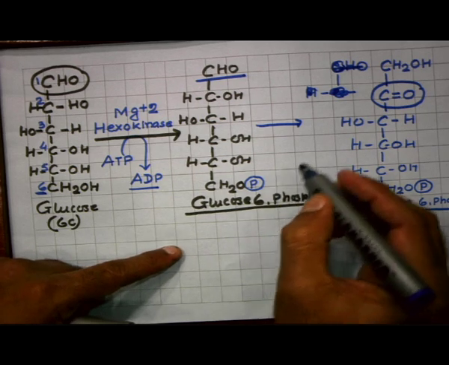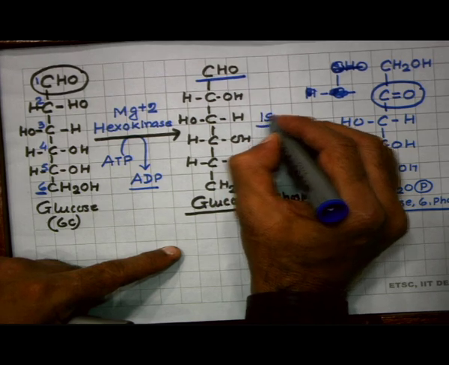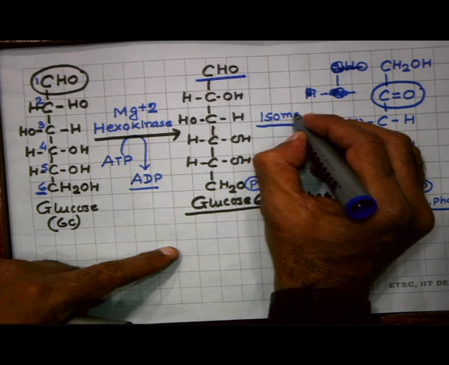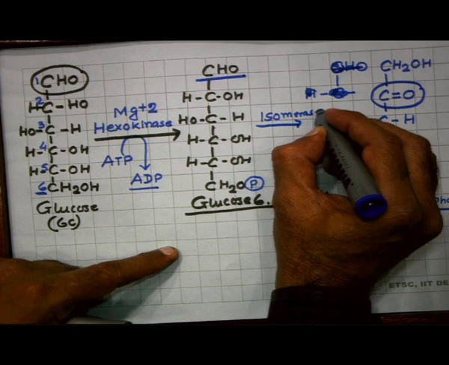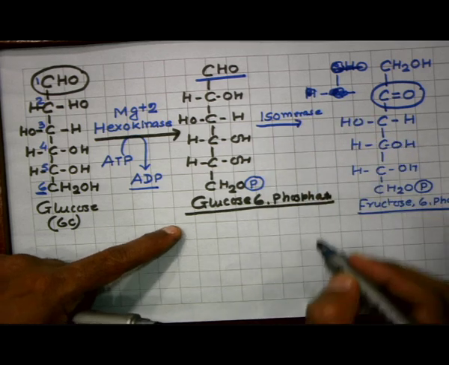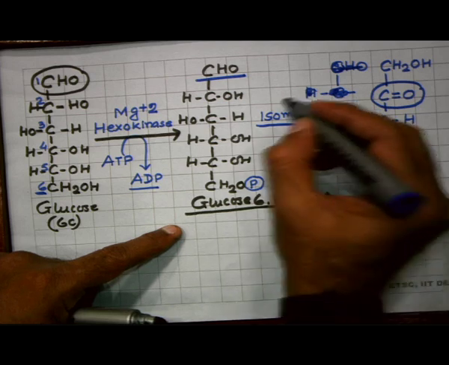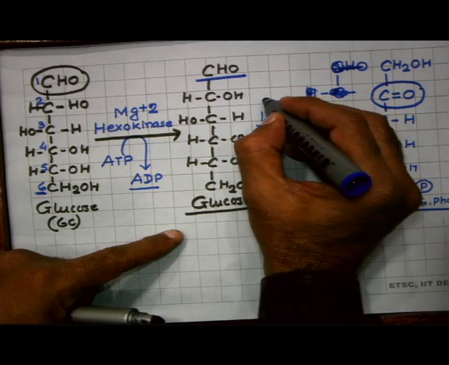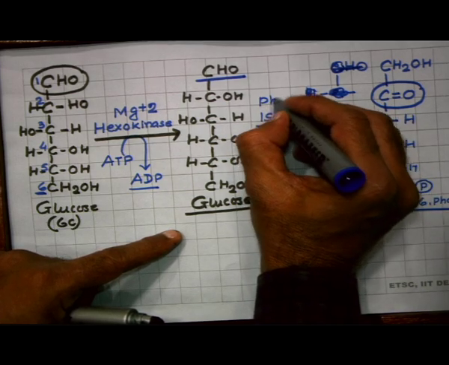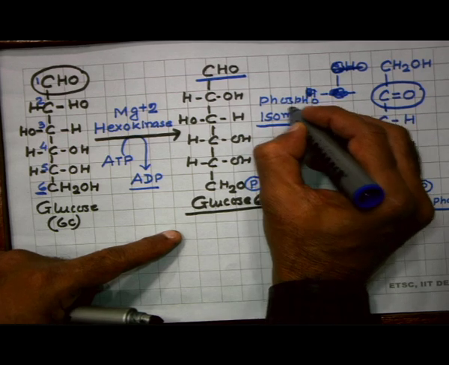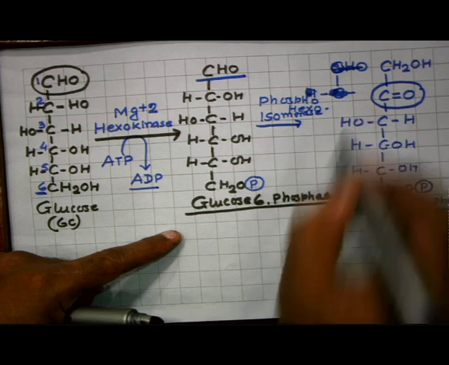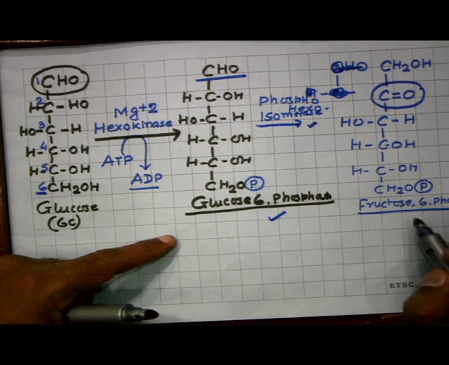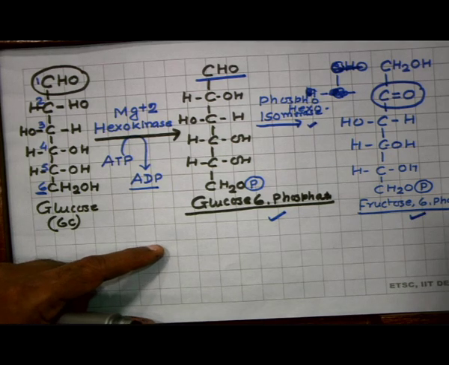This reaction is called isomerization, and the enzyme involved is an isomerase. Here the substrate is glucose 6 phosphate, so we can say the enzyme is phosphohexoisomerase. With the help of this enzyme, the glucose 6 phosphate molecule is converted into the fructose 6 phosphate molecule.